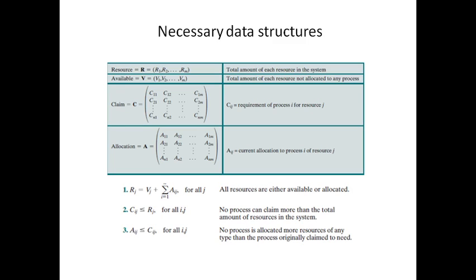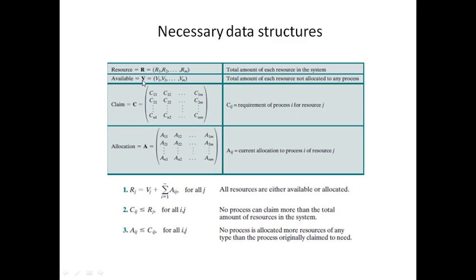That is the motive. Now for the implementation of deadlock avoidance, we need a lot of data structures and information. So we will discuss this information. First one is the total number of resources available. For any system, there are some resources available. That collection of resources and their numbers are all listed in the resource vector.